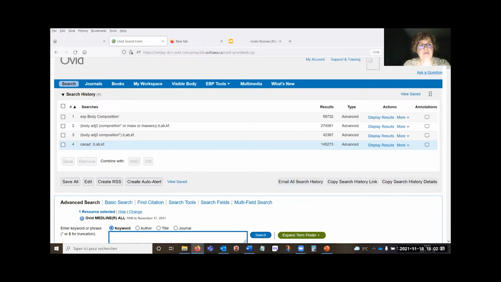What truncation does is find words that start with these letters, Canad, without the A, but could end differently, of course, like Canadian, etc. So I often use it, at least for the plural version.